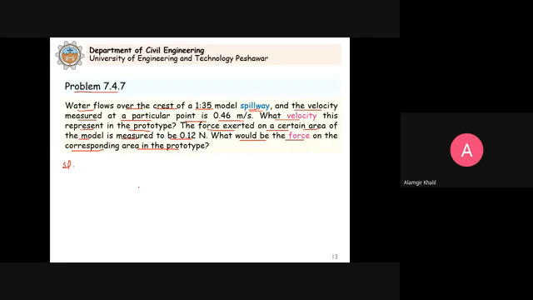Now in case of the Froude number, we already studied that it is V divided by square root of gL, where L is the characteristic length. So this must be the same in both the model and the prototype. Only then we can have the dynamic similarity between the model and the prototype.